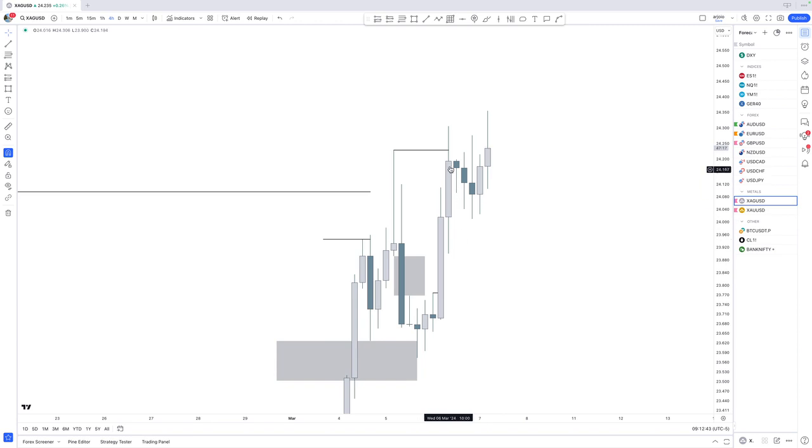If we now start to respect that high and we start to actually get a sweep, it is then confirmed by fair value gaps actually going lower. So not initially, this is the first sign, but overall we still have more bullish arguments supporting the idea as well.